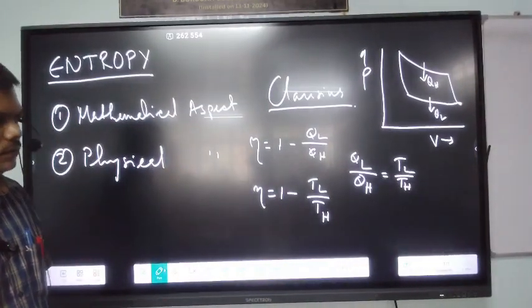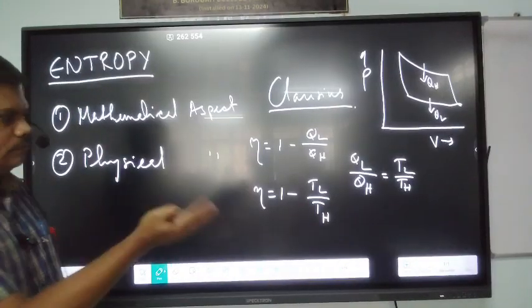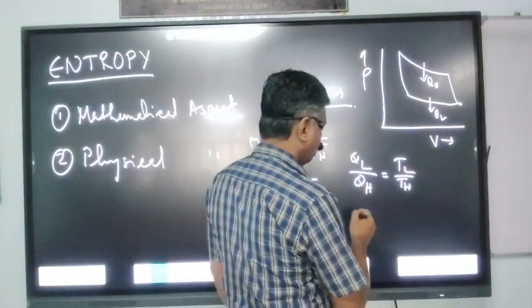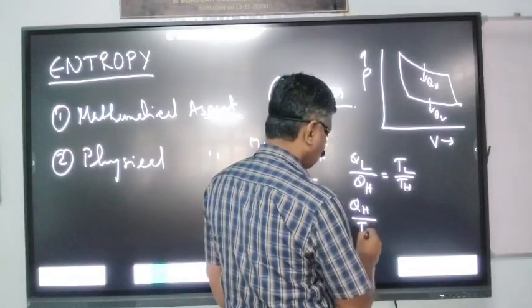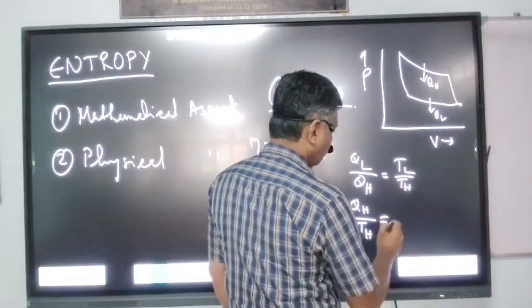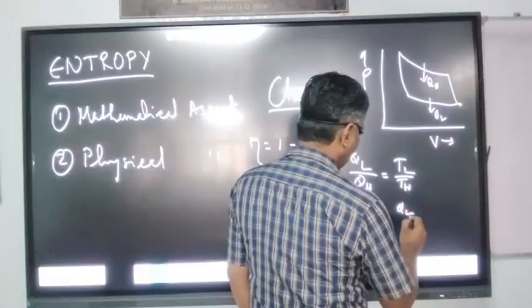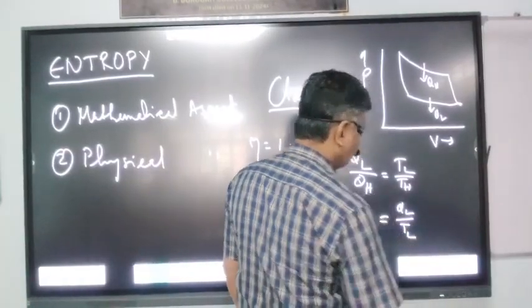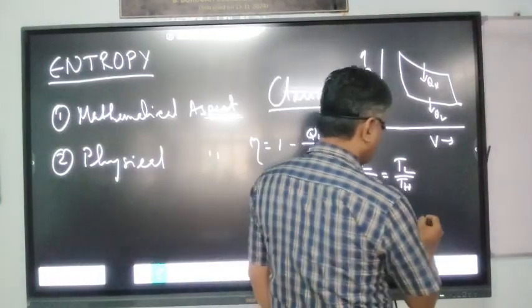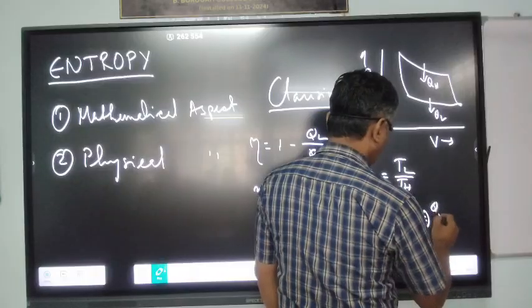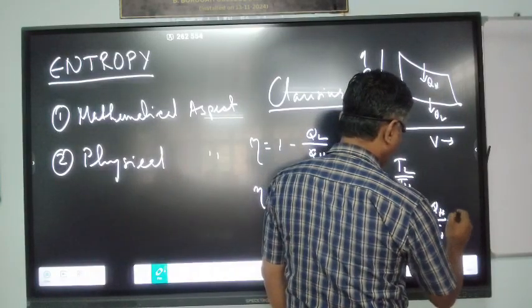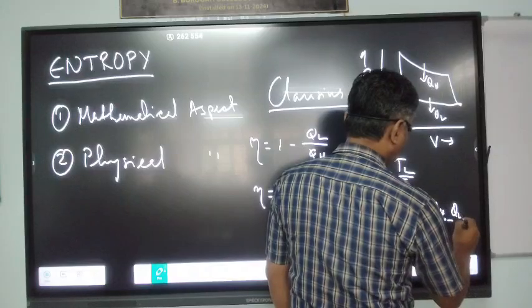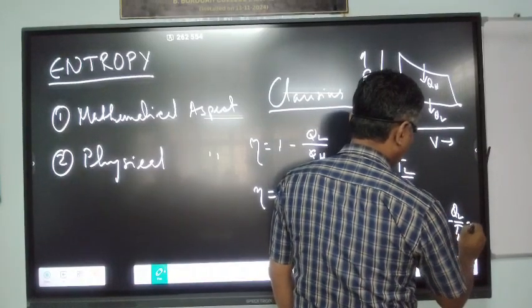Now if you rearrange it, then you will get QH by TH equal to QL by TL. And this gives rise to QH by TH minus QL by TL equal to 0.